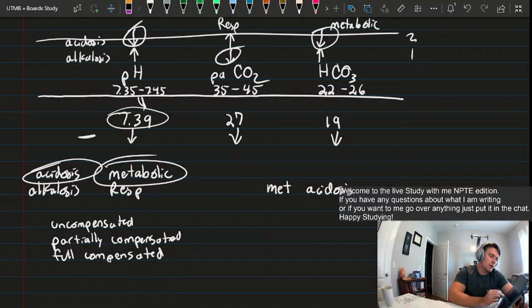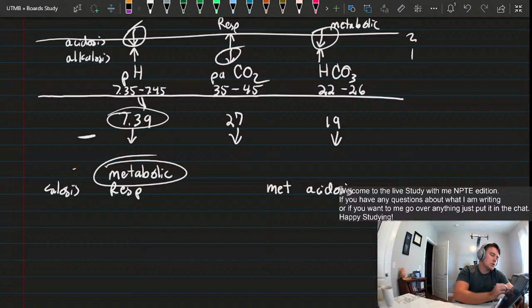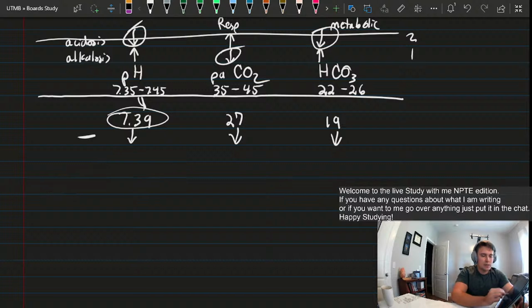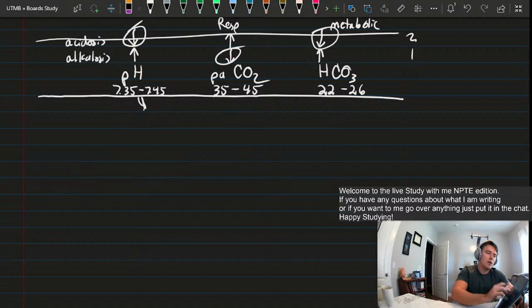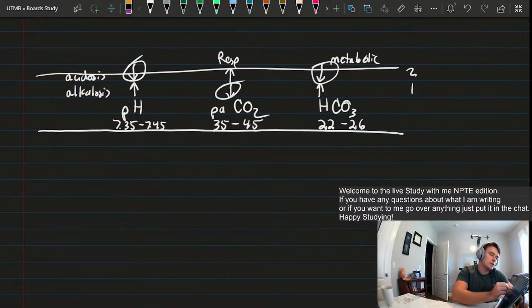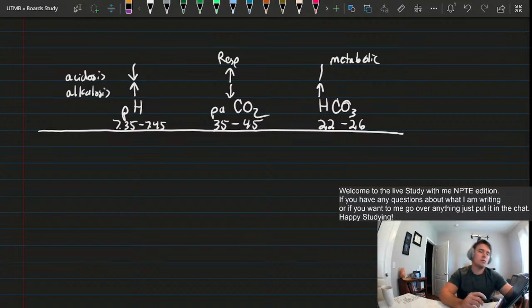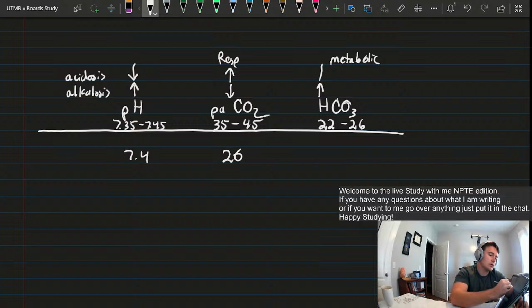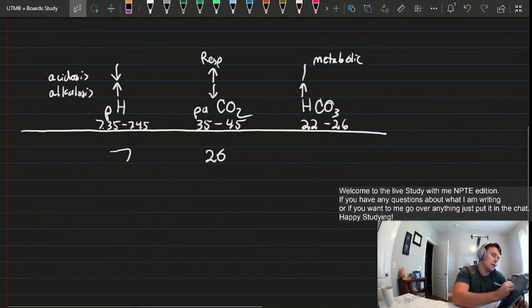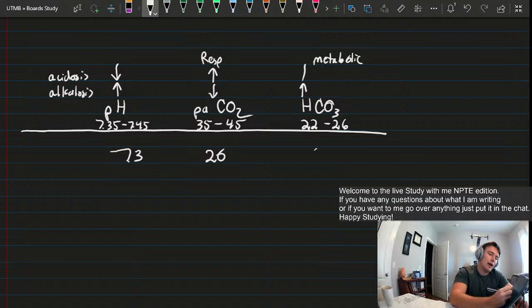I haven't seen a lot of questions asking whether this is metabolic acidosis or alkalosis, but it may ask along the lines of a patient is short of breath and these are your PFTs, your ABGs. They might give you like a 7.4 and 20, or 7.3, 20, and then 28.